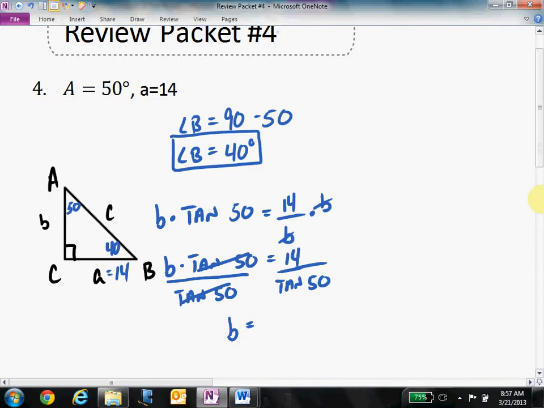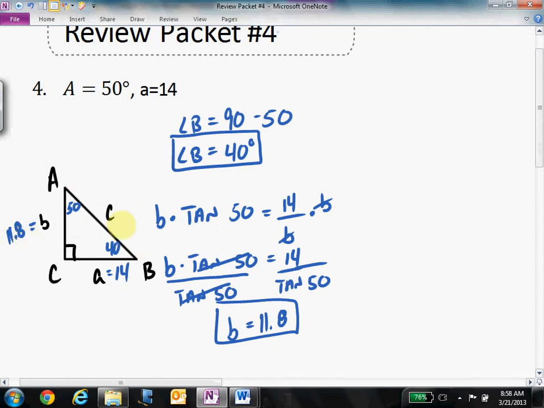There's my little plug. You will evaluate 14 divided by tan of 50, and you will get 11.75, or you can round it to 11.8. Not too nitpicky about that. If you're not getting that answer, please check your mode and make sure you are in degree mode. So B equals 11.8.